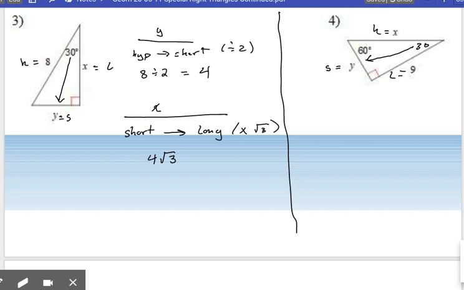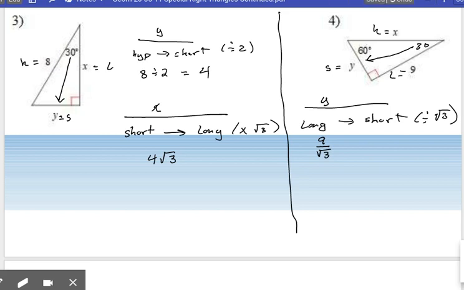Okay, so I need to figure out my short side first. So I need to get y, and I'm going from long to short. That means we're going to divide by the square root of 3. So I have 9 divided by the square root of 3. Now, when I'm in this situation, you could leave it.